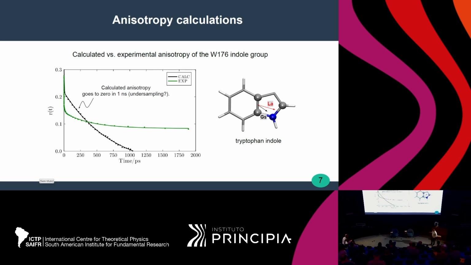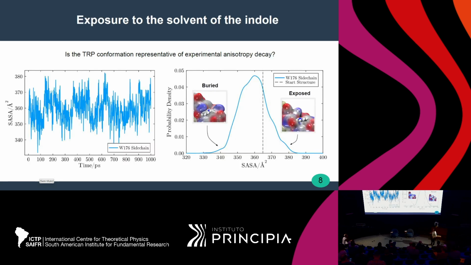And within this time scale, it's impossible for the protein to rotate. So one thing you have to keep in mind is whether you are sampling the conformation of the side chain properly. One way you can do this is to calculate the solvent-exposed surface of the indole group.